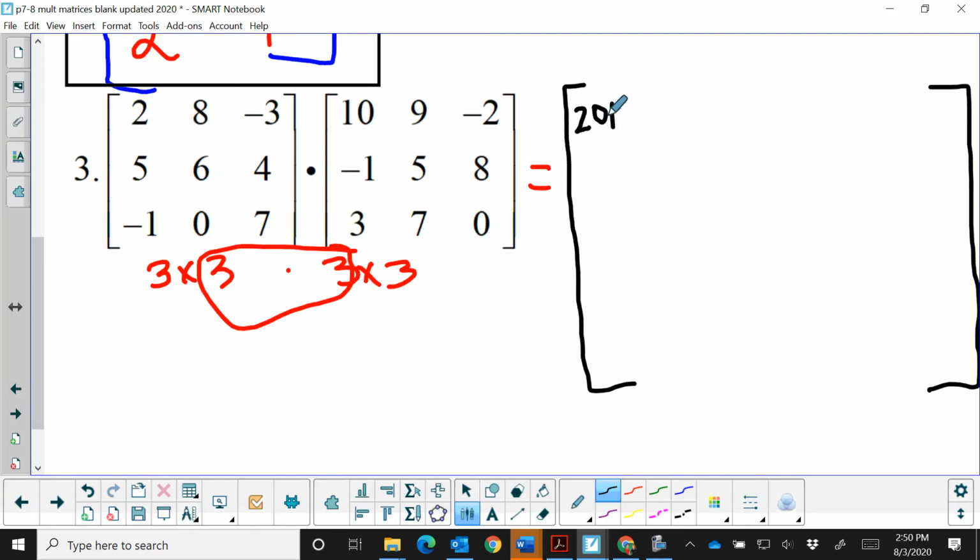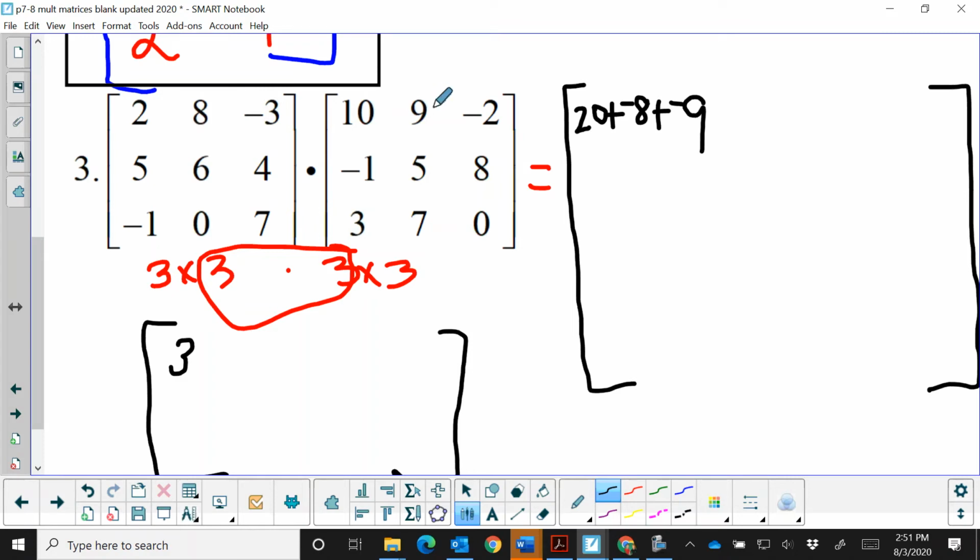Now I'm going to add to it 8 times negative 1, which is negative 8, plus, yes, a third one, negative 3 times positive 3, which is negative 9. Okay, so that means my very first top left position will be 20 minus 8 is 12. 12 minus 9 is 3. So that's just positive 3.